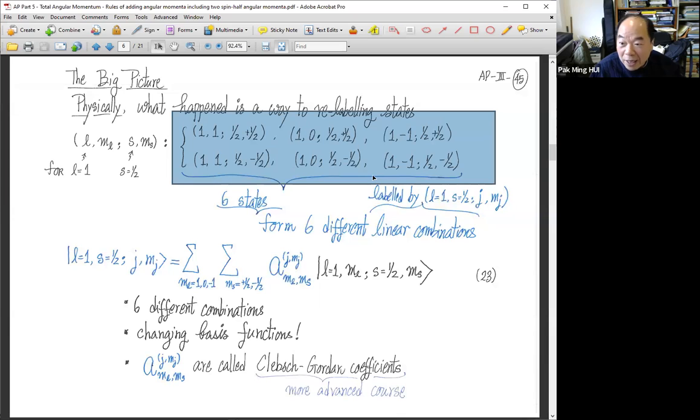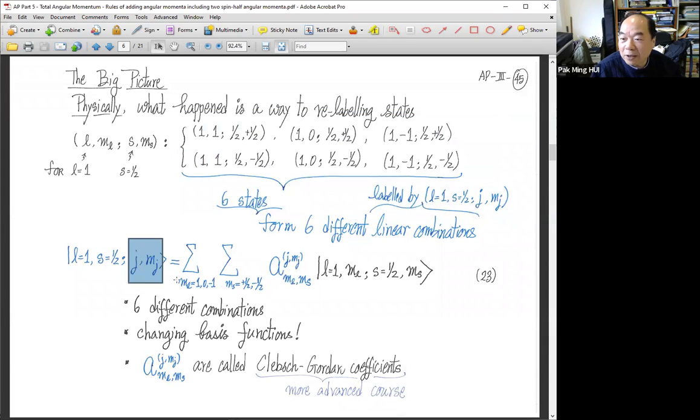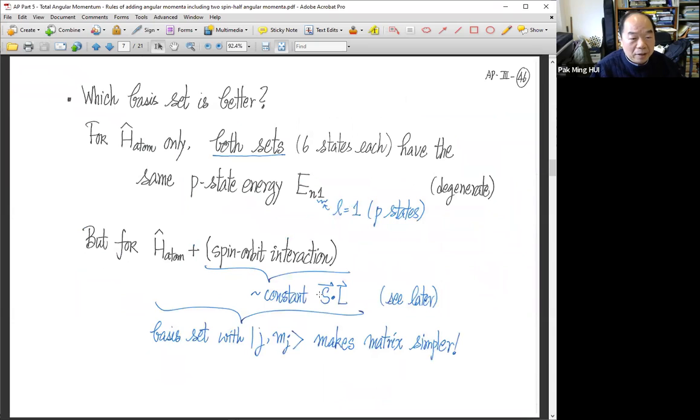This is what you learned last course. If you want to add up L and S, you have a total angular momentum description. But just like in quantum mechanics, these are linear combinations of the 6 states. By that, you mean there are many coefficients in front to look for. Then, as I said, which one is better depends on the situation.